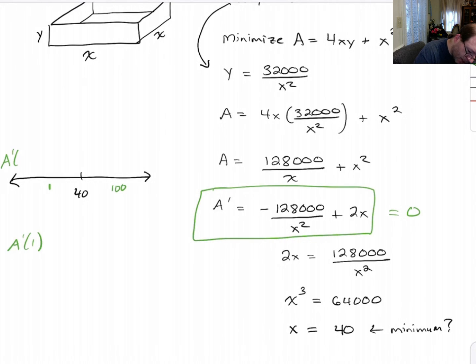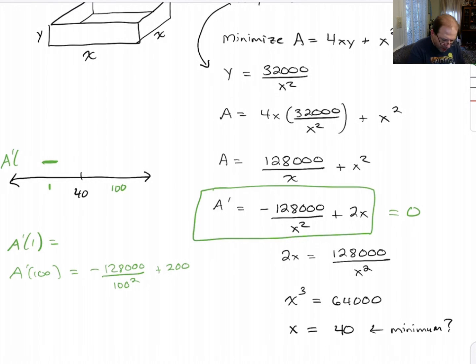A prime of 1, I wind up with negative 128,000 and then minus 2. So that's definitely negative. If I do A prime of 100, that's negative 128,000 over 100 squared plus 200.